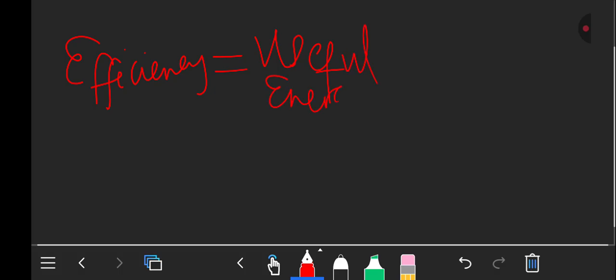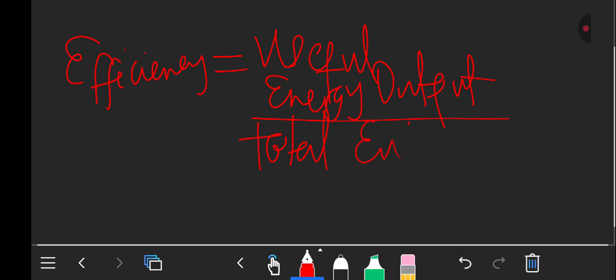So I'll use the formula: efficiency is equal to useful energy output over total energy input, multiplied by 100%.